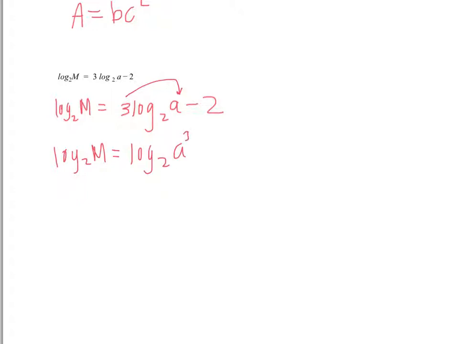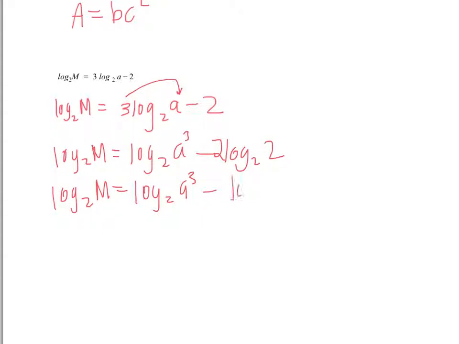Now I know I need things to be in log base 2, so I'm going to rewrite the 2 as log base 2 of 2. And that means if this is equal to 1, that 2 must stay out here. So technically, if I rewrite this again, I get log of a cubed minus log of 2 squared.